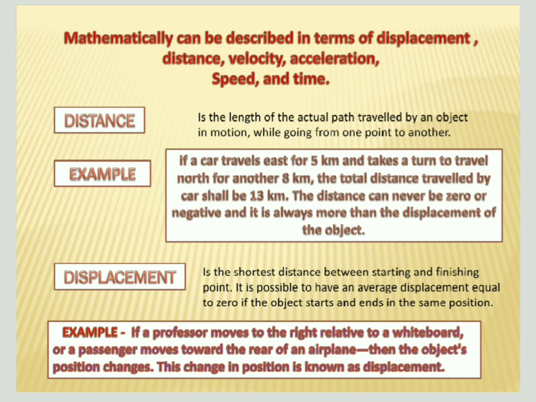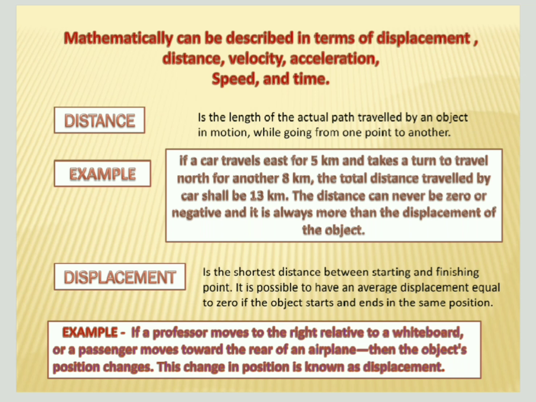It is the shortest distance between the starting and the finishing point. Suppose you are standing in front of a blackboard or any object, and you move forward or backward, either your choice.